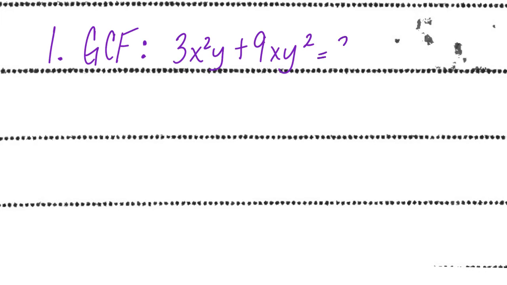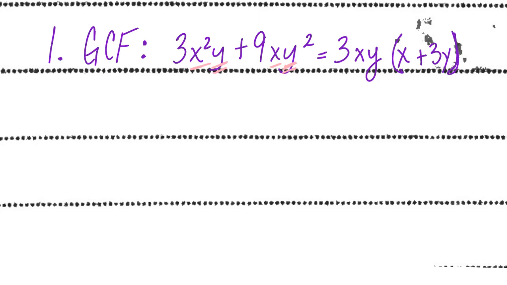We can take out a 3, and we could take out 1x and 1y. So when I take those out, I have to write what we have left over. Well, what I have left over when I take a 3xy out of 3x squared y is just an x. And when I take a 3xy out of 9xy squared, I just have a 3y.